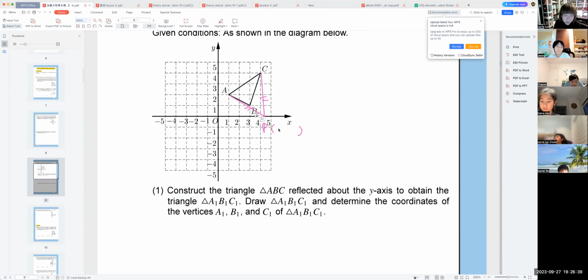I only know P is located on the x axis, which is already good, because anything located on the x axis doesn't have any value for y. That's the most important thing.